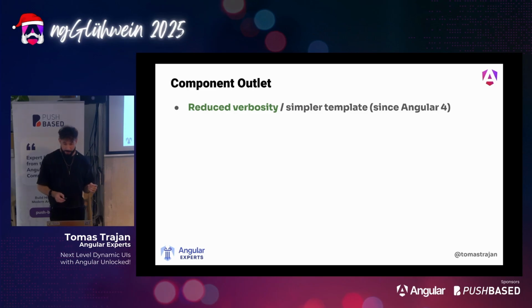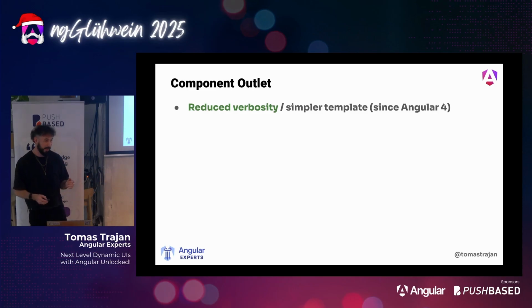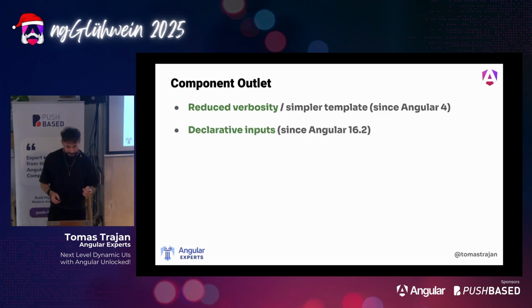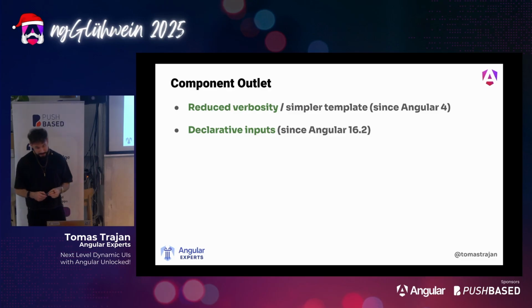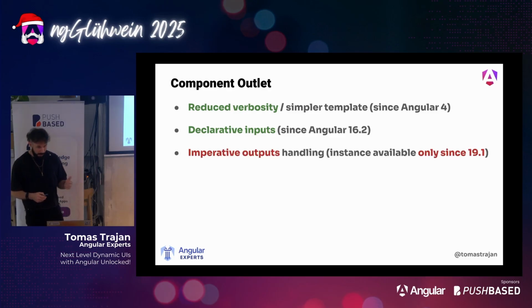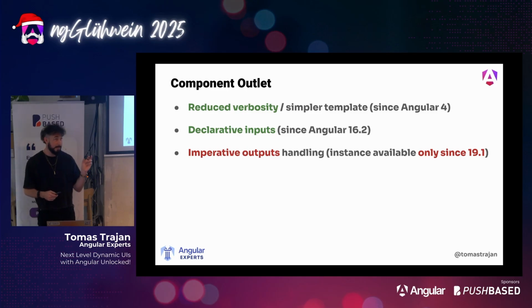And I was actually surprised that this was possible from Angular 4. I haven't used it back then. We have declarative inputs with this inputs property, which we can pass into the directives in Angular 16.2. But the outputs are imperative. And from what I understand, that reference to the component instance which we got there with the viewChild is only available since 19.1. So from my understanding, there was no way to listen to the outputs until 19.1.